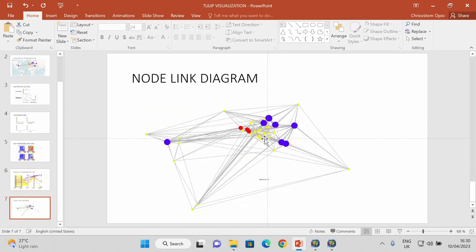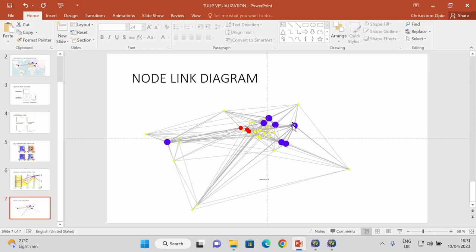Then we also have the node link diagram. This one shows you how the people are connected, or the number of games they have ever participated in, or the number of people they have ever interacted with. And now you see that those who are coded blue have interacted with more people or more participants, and that is because they have played many games.